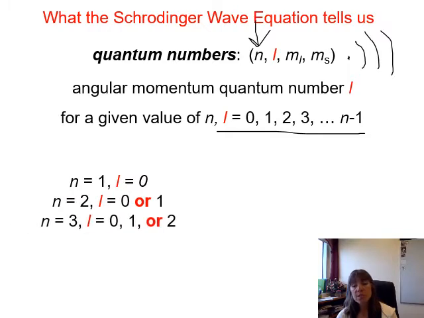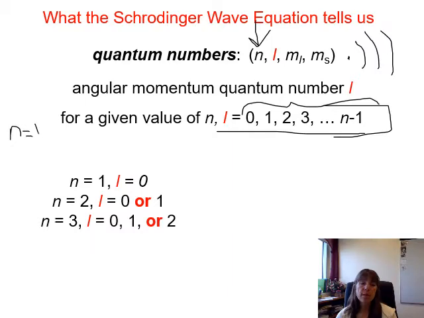There's certain rules for these numbers, and those rules are if n, whatever n is, L has to fall into certain values. So if n equals 1, L can be 0 to n minus 1. So if n equals 1, L can only be 0 because 1 minus 1 is 0, and that's an s orbital.